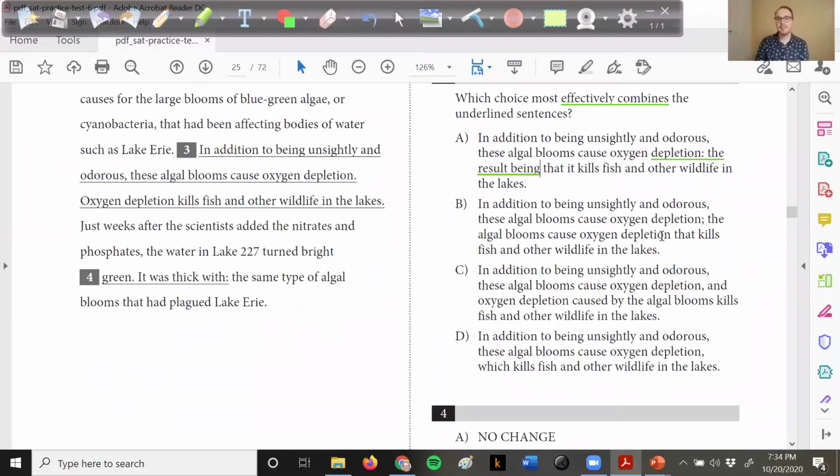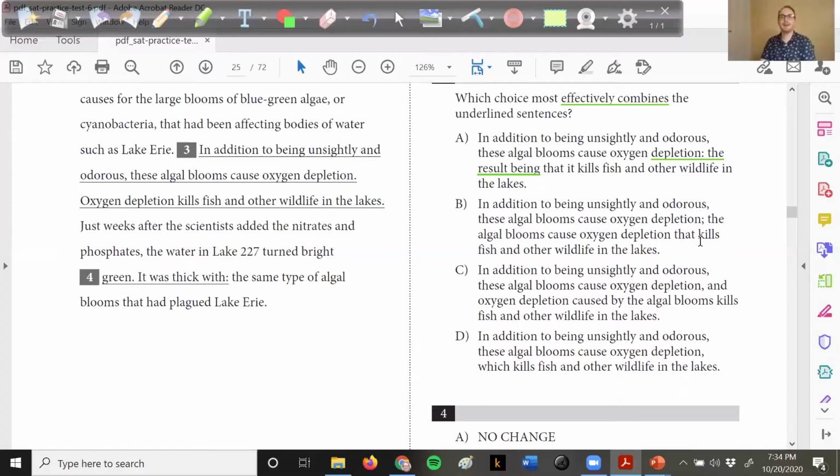Option B, in addition to being unsightly and odorous, these algal blooms cause oxygen depletion. The algal blooms cause oxygen depletion that kills fish and other wildlife in the lakes. Well, here's why I don't like this one. If we're trying to be as concise as possible, do you think that we would repeat any of our phrases?